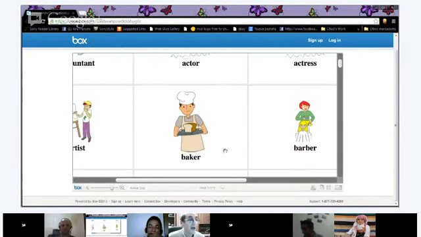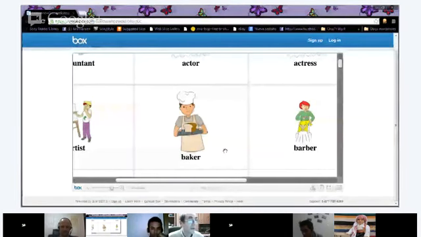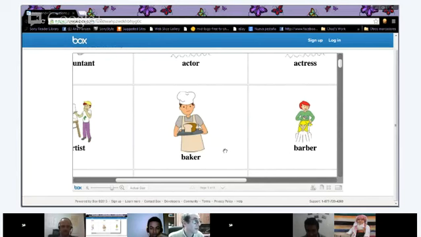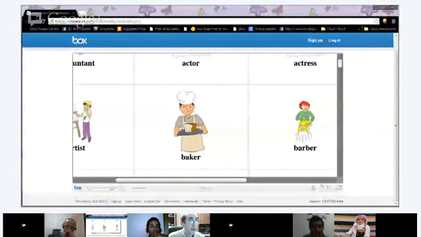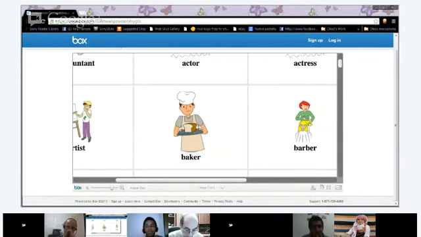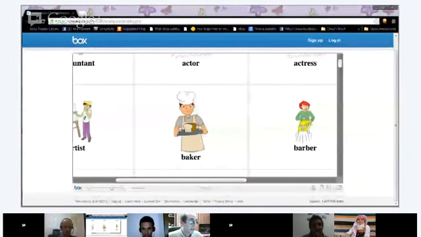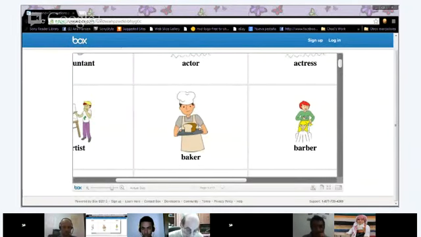So what type of things would, besides bread, because we've already mentioned that, what other types of things would a baker make, class? What are some things that a baker would make? Maybe cake. There you go, cake. All right, I love cake. Me too. I don't think anybody doesn't like cake, right? So how about pie? Okay. So cakes, pies, maybe cookies.